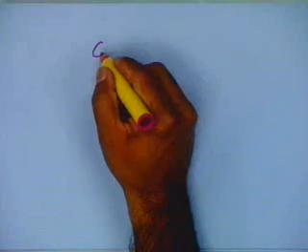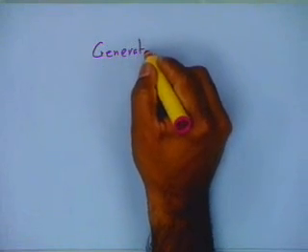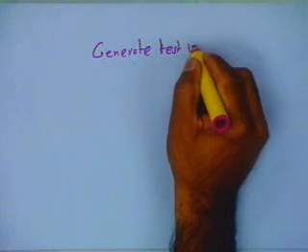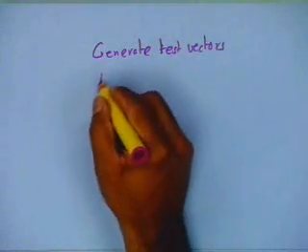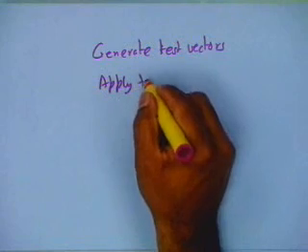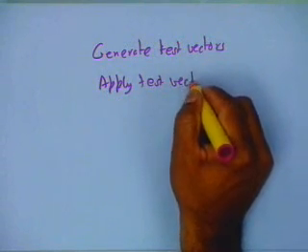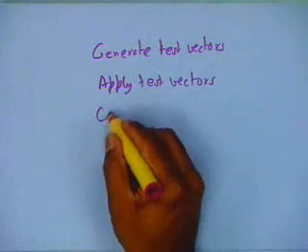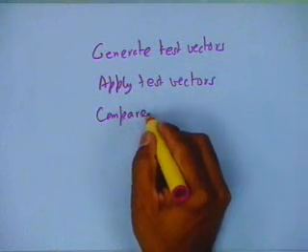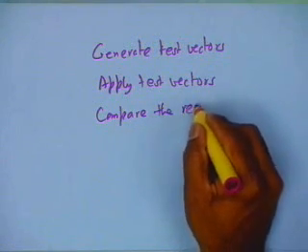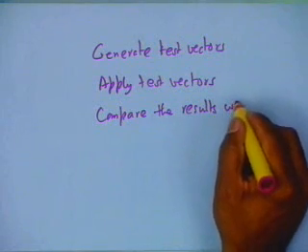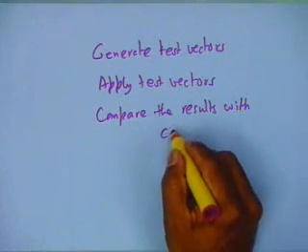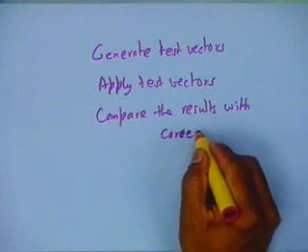What are the issues when you are doing testing? What is the procedure we said? We first generate test patterns, generate test vectors, apply test vectors, and then compare the results with correct or expected results.